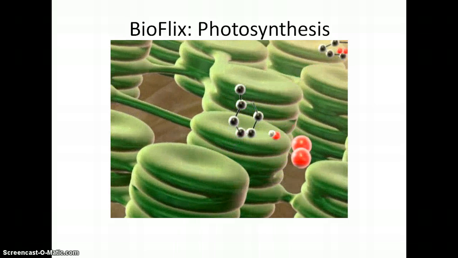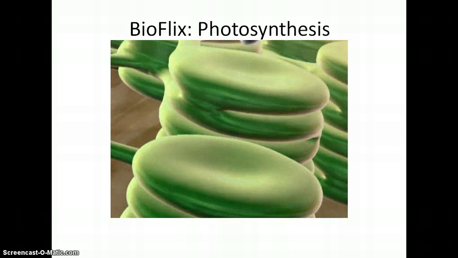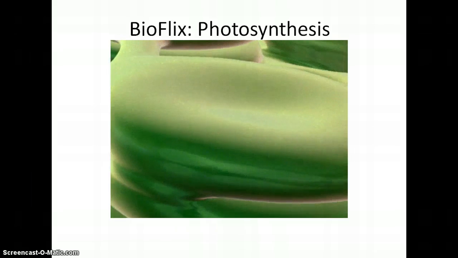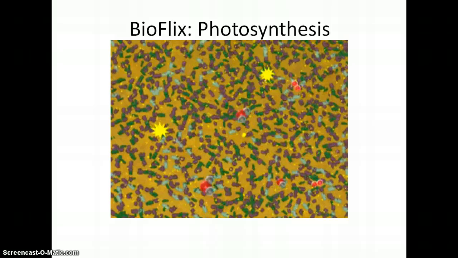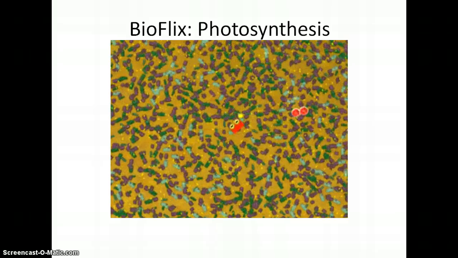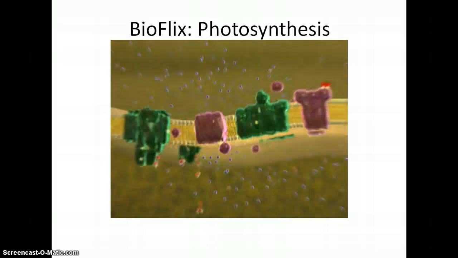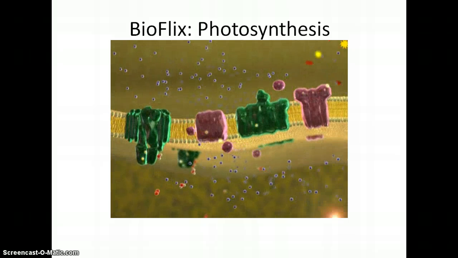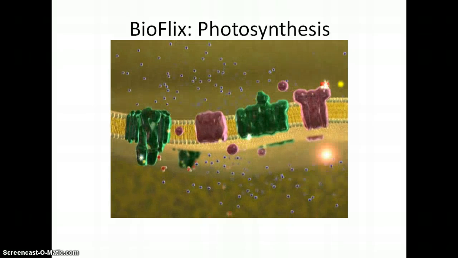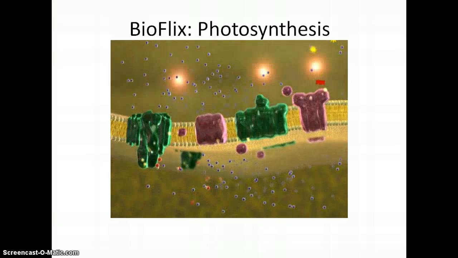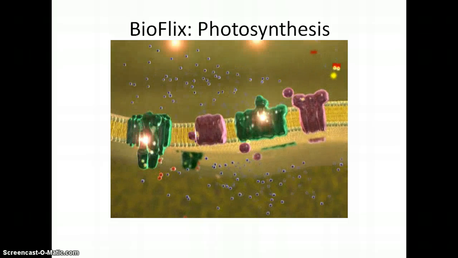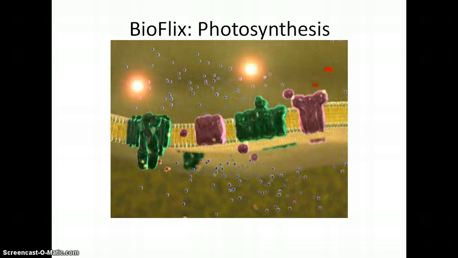Zooming into a chloroplast, we see these flattened membranous sacs called thylakoids. Here, light energy is converted to chemical energy in the first phase of photosynthesis, the light reactions. The two green structures you see here are photosystems, large complexes of proteins and chlorophyll that capture light energy. An electron transport chain connects the two photosystems.